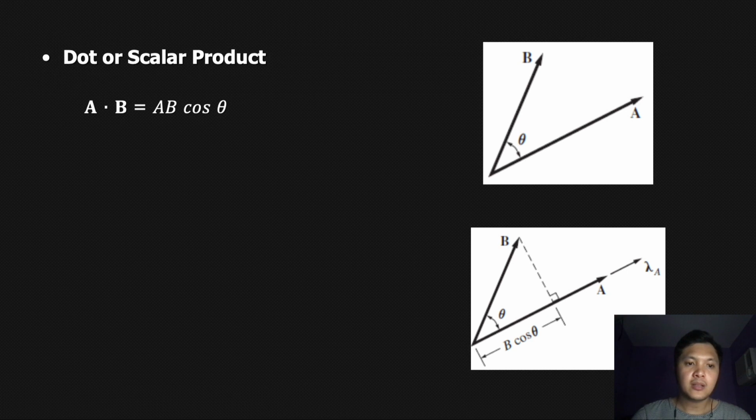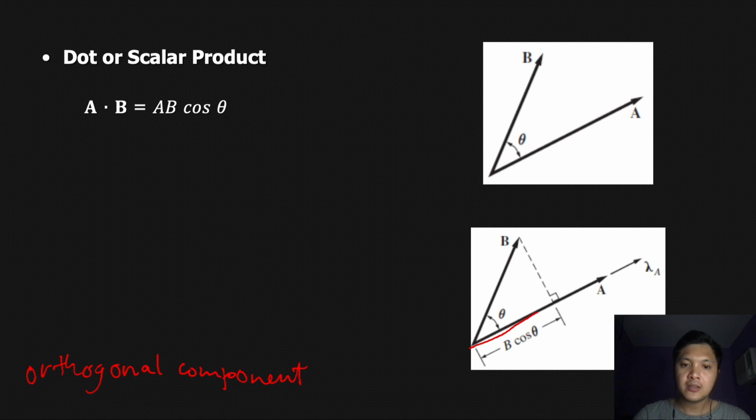So b cosine theta is the orthogonal component which has the same direction as a. So vector b has two orthogonal components.